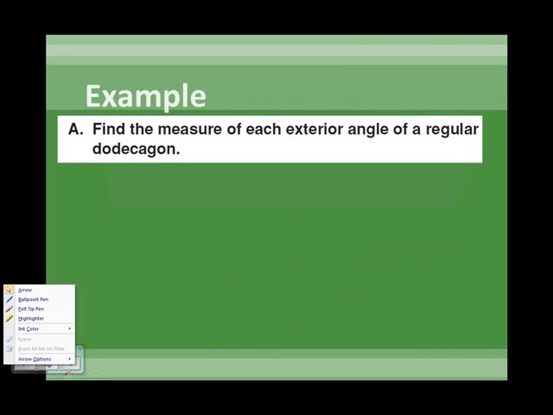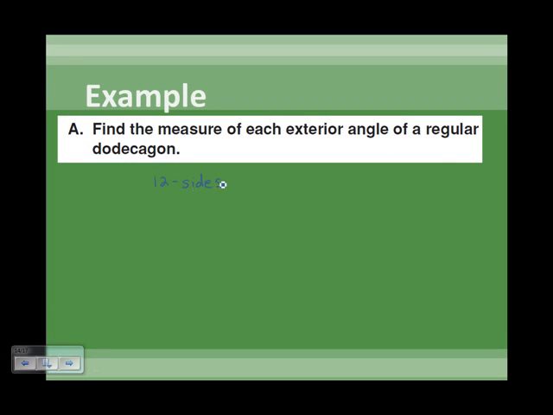So if we look at this particular example, it says find the measure of each exterior angle of a regular dodecagon. A regular dodecagon would mean that it would be 12-sided, and it says of each exterior angle, so that means they're all the same because it is regular. So it's 12-sided, so it's going to have 12 exterior angles.